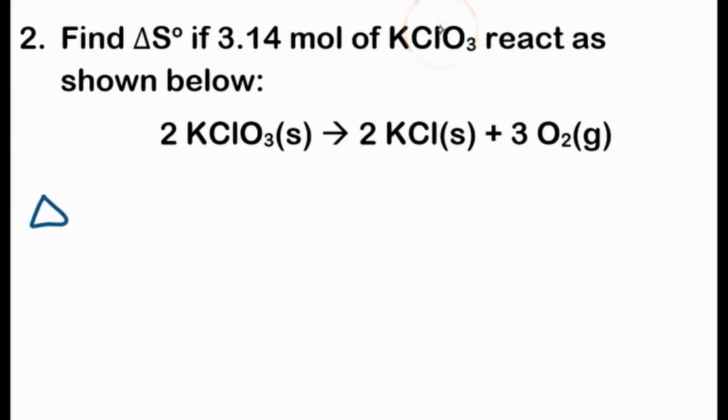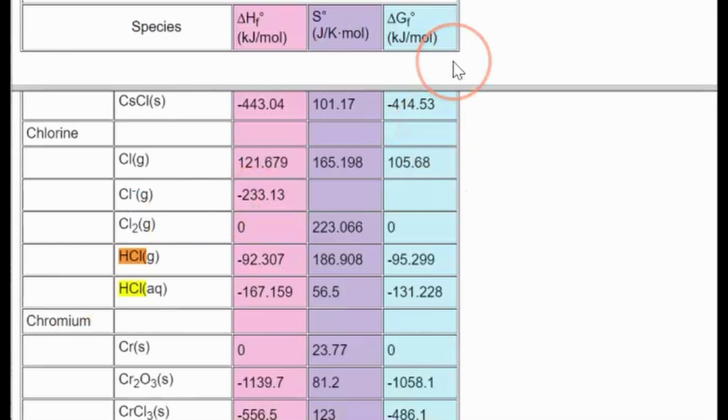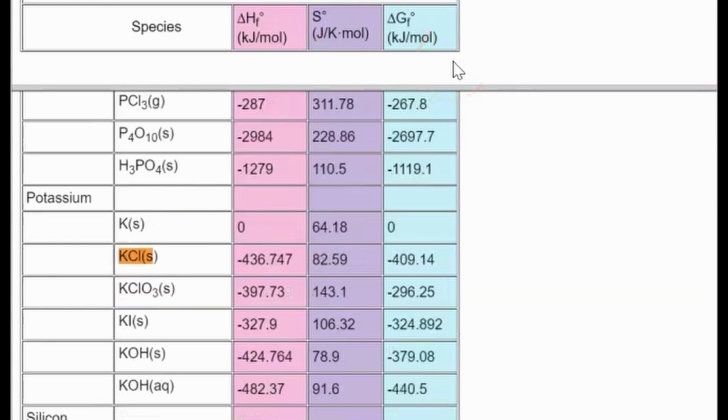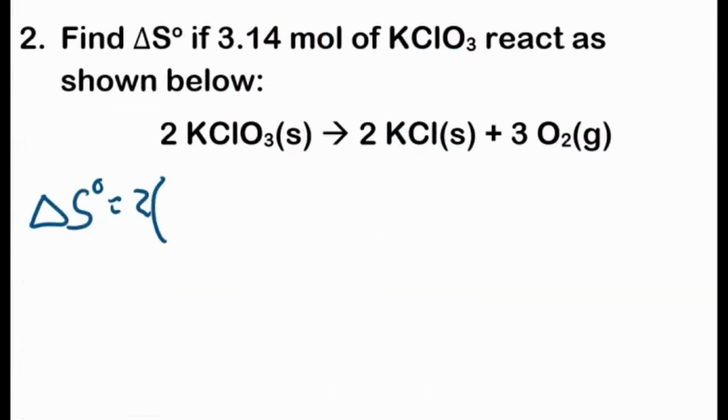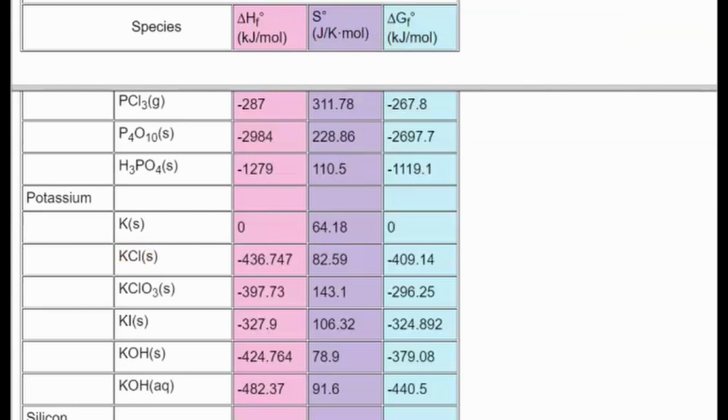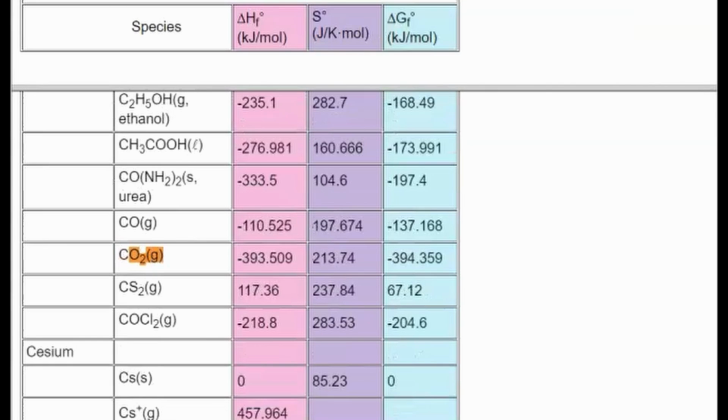So we're actually going to calculate the entropy change of the reaction as is, just like before. We're going to sum these all up. So that'll be 2 times the molar entropy of KCl solid. KCl solid, 82.59 joules per mole Kelvin, plus 3 times the molar entropy of oxygen, which we just did, but I don't remember it.